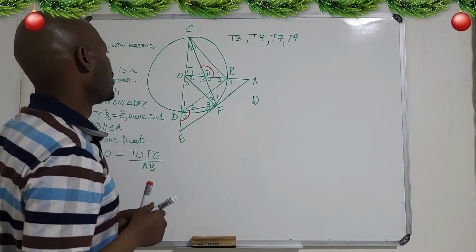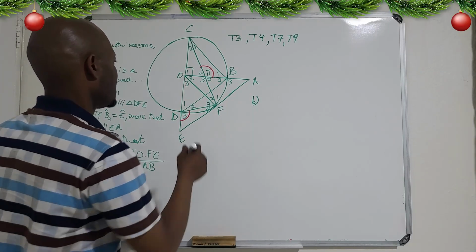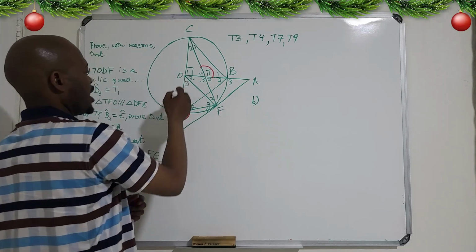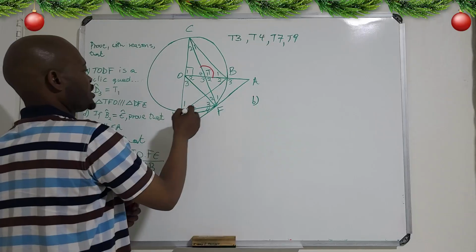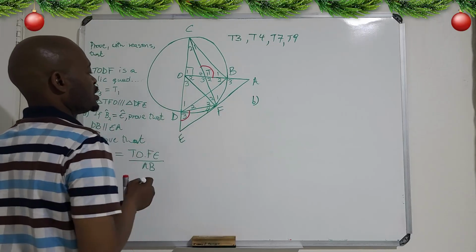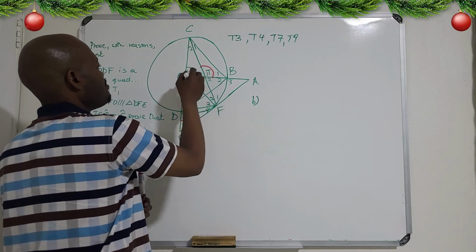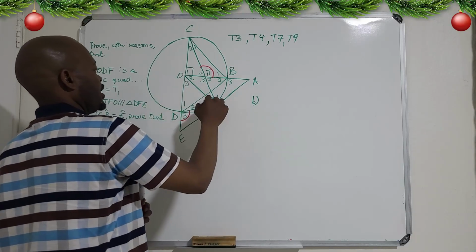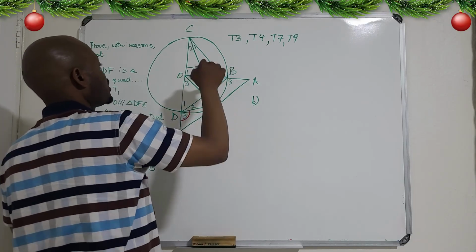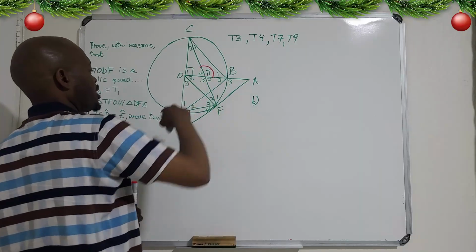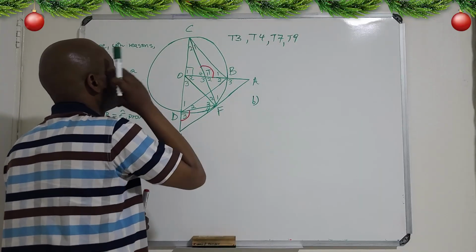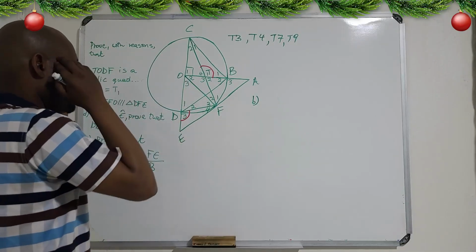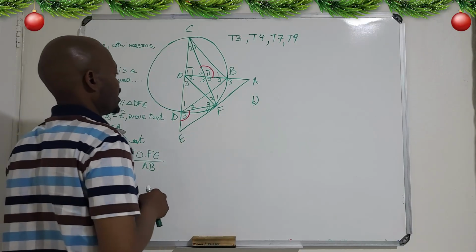But now, we can see that this angle is an exterior angle of this cyclic quad. Already we have proved that this is a cyclic quad, and we know that there's an imaginary circle there. We can have an imaginary circle around there because we have proved that it is cyclic.